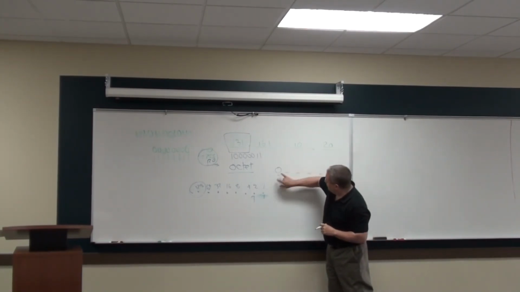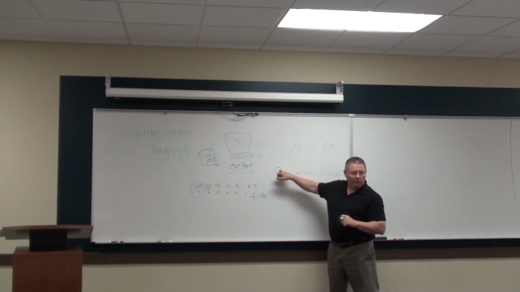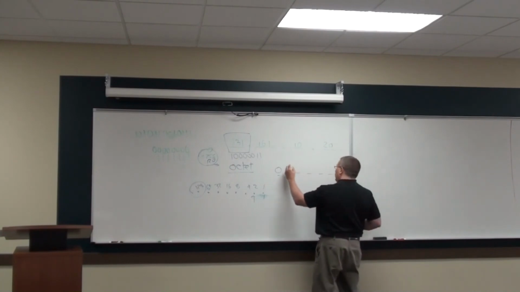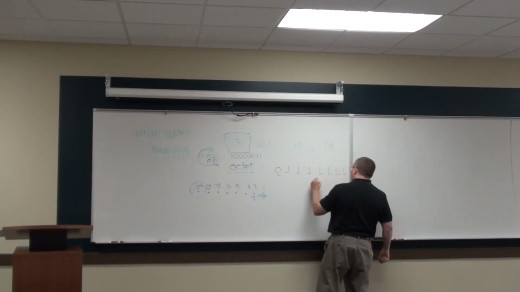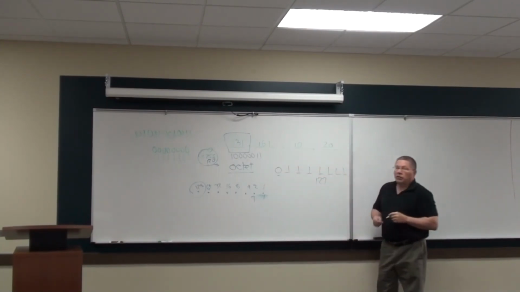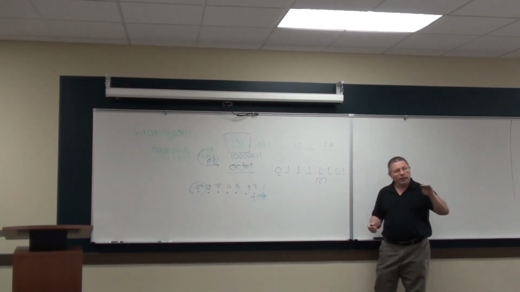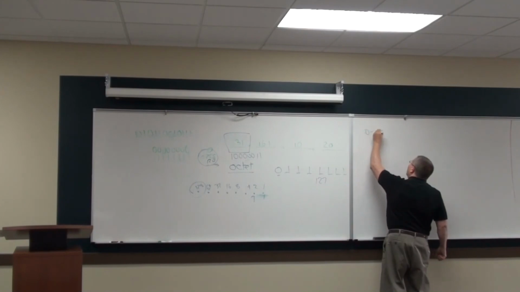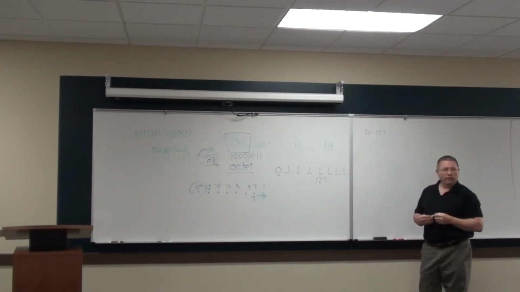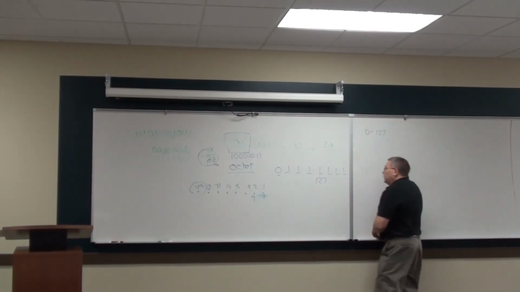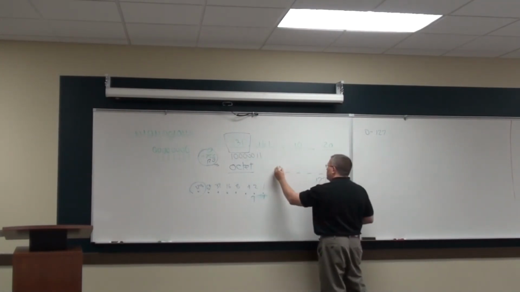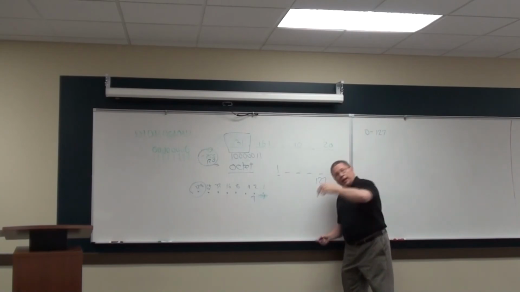That means that if I leave this bit off, if I don't turn it on, in 8 bits, the largest number I can make is 127. So I can tell you right now, if the first bit is a 0, all the numbers in that range are going to be between 0 and 127. Okay? Now let's change that a little bit. And let's say that the first bit is a 1, and the second bit is a 0.